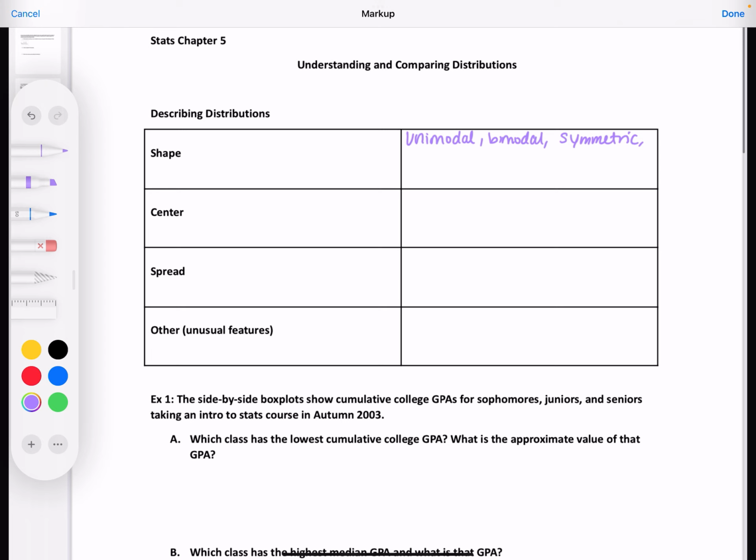They're all the same there. Uniform. And then if they're not symmetric, then they are what? Skewed. So we just say skewed left or right.